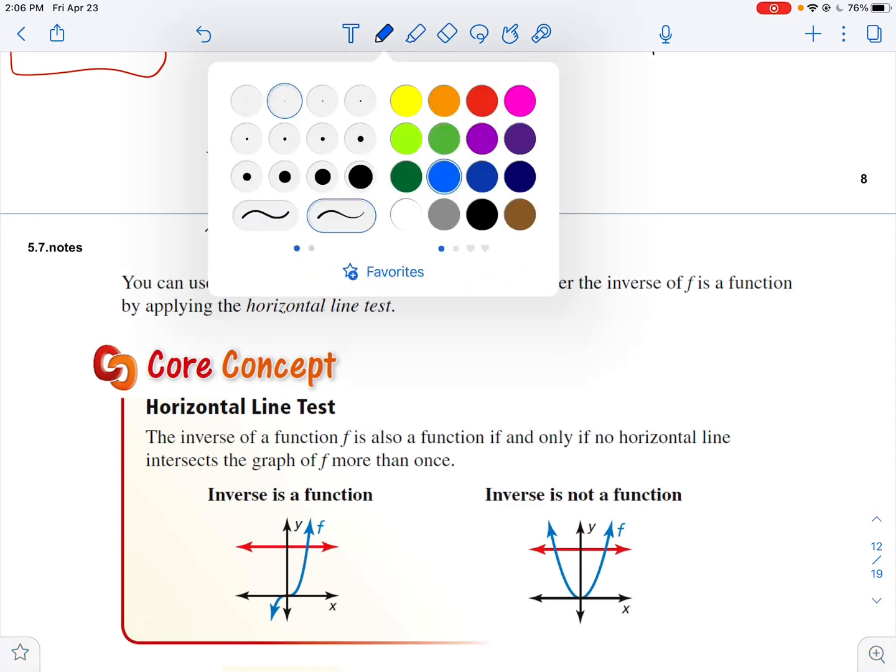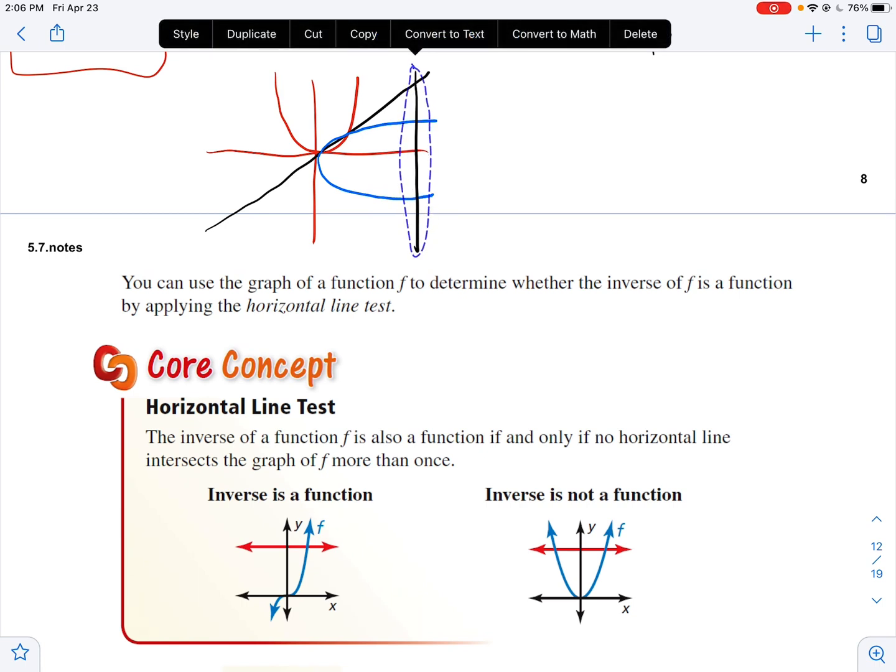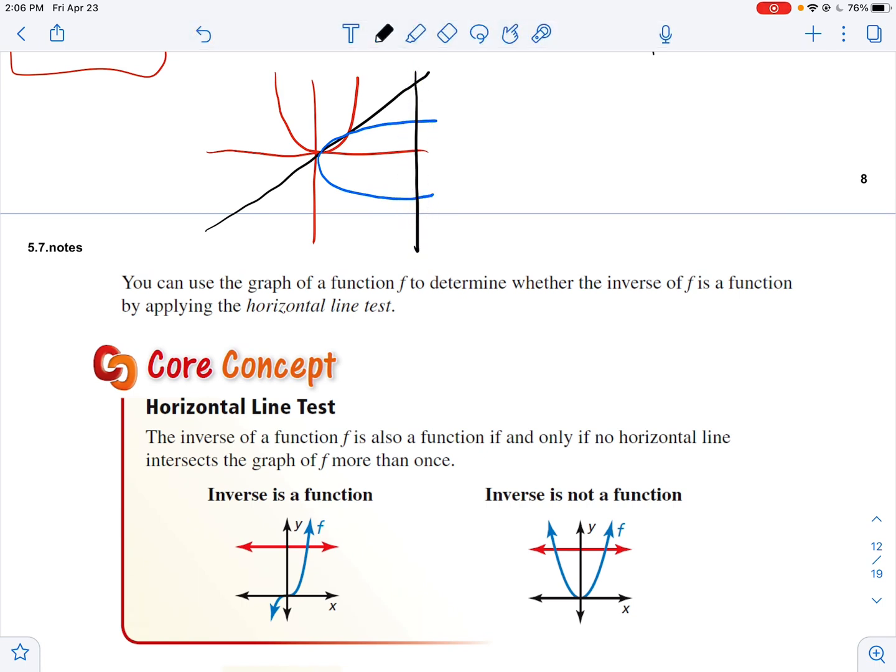Now, if I'm looking at the blue and I do a vertical line test for that, it hits in two spots all over the place. There's only one place, the very vertex, where it would only touch once. Everywhere else touches twice. That means x is repeating. I'm getting an x right here and right there. That is not a function because it doesn't pass the vertical line test.